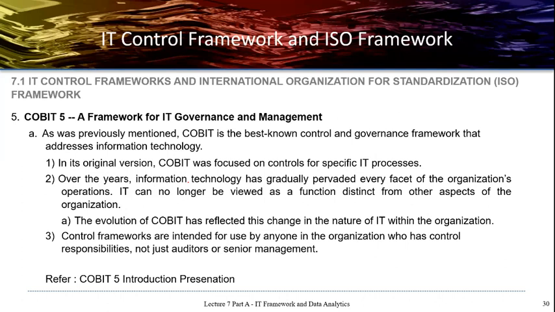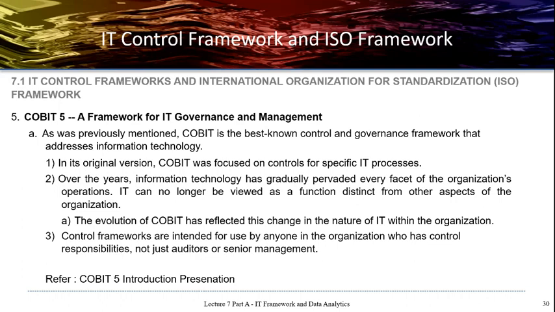Now we are not using 4.1, we use the COBIT 5 framework for IT governance and management. As previously mentioned, COBIT is the best known control and governance framework that addresses information technology. In its original version, COBIT was focused on control for specific IT processes. Over the years, information technology has gradually pervaded every facet of the organization's operation.